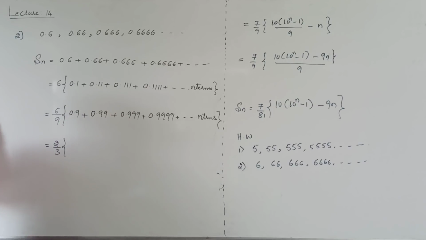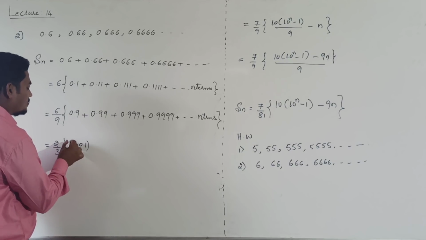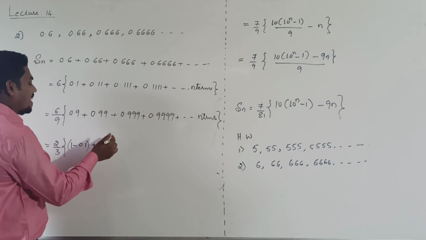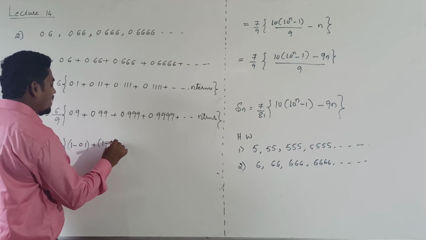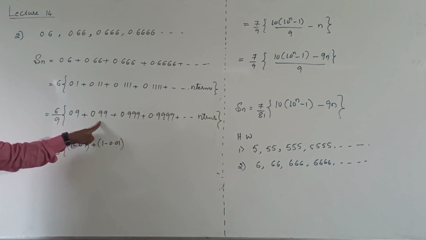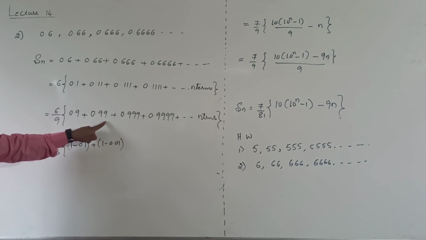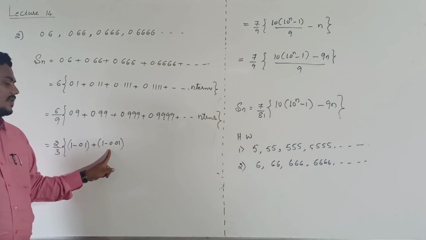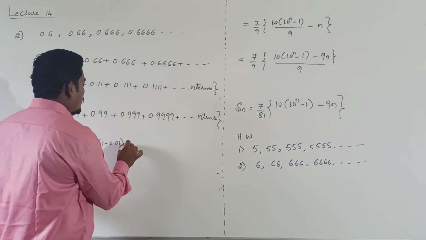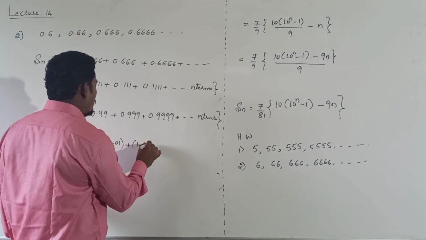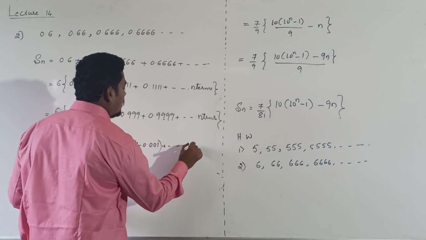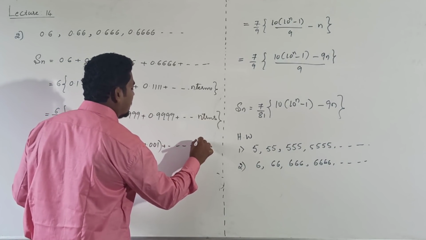I will write 0.9 as 1 minus 0.1. 1 minus 0.1 plus 0.99 can be written as 1 minus 0.01 plus 1 minus 0.001 and so on up to n terms.